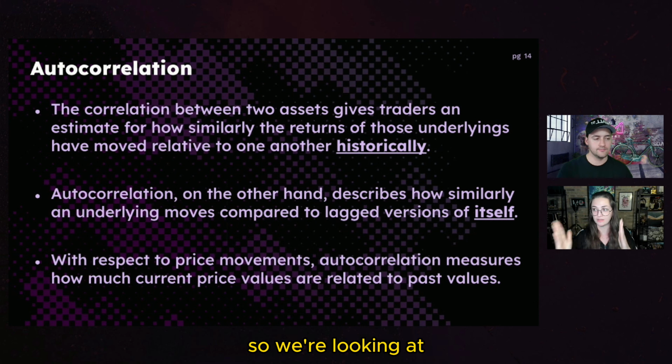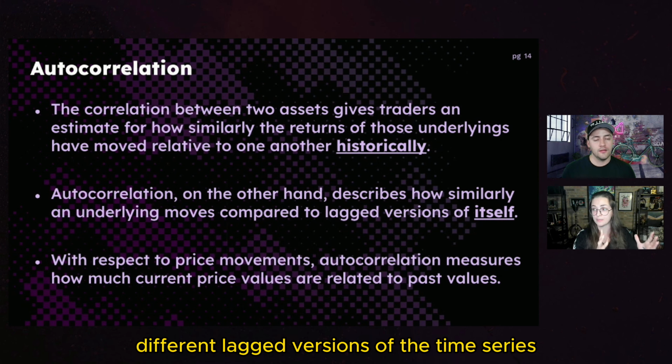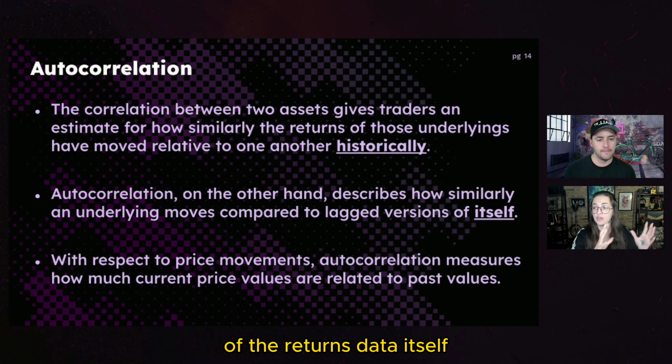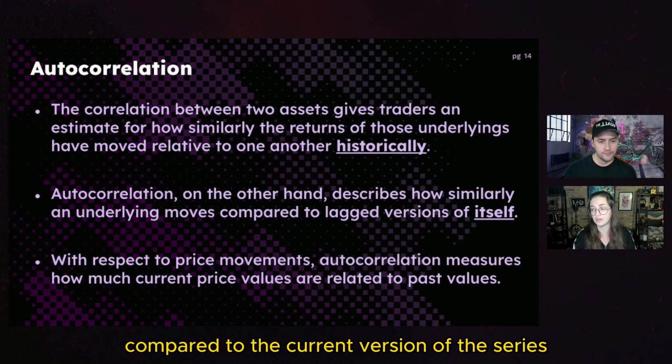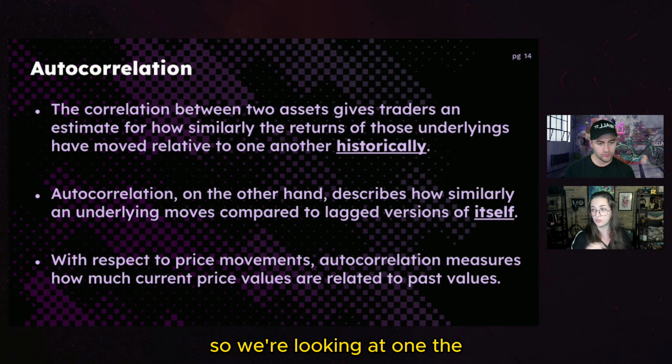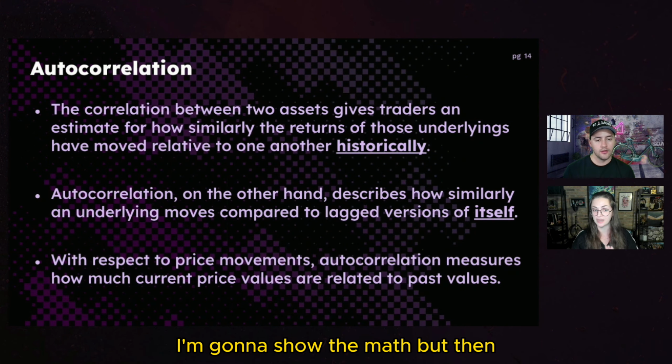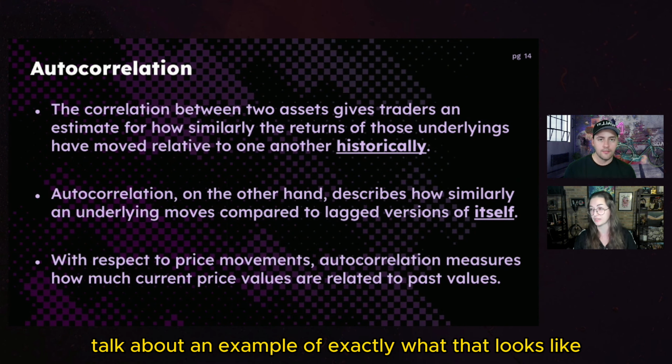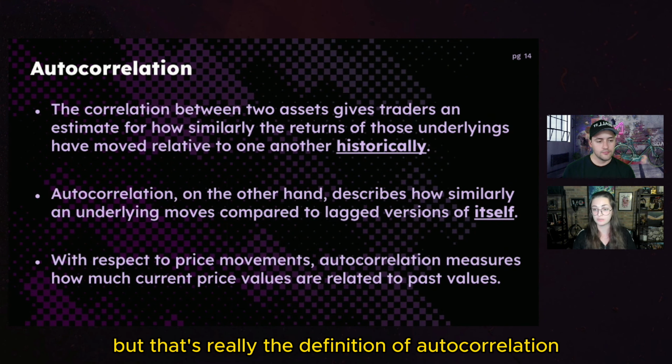So we're looking at different lagged versions of the time series of the returns data itself compared to the current version of the series, which is not lagged. Does that make sense? So we're looking at the returns for one underlying relative to itself, rather than looking at the relationship between two underlyings. I'm going to show the math, but then talk about an example of exactly what that looks like in a second. But that's really the definition of autocorrelation.